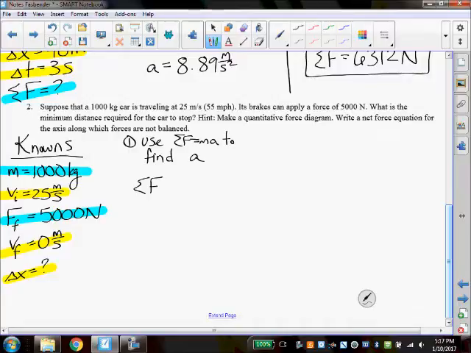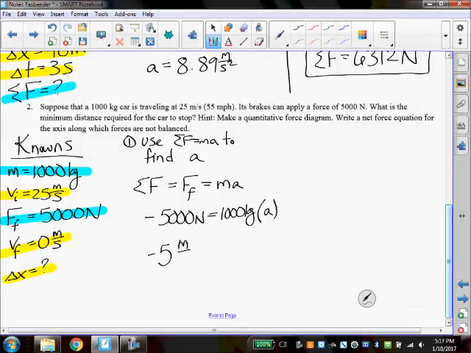Our F net is the unbalanced force, and when you're braking, your unbalanced force is friction. So really, we're saying that friction is equal to ma. So friction, we're going to give that a quantity of negative 5,000 newtons, is equal to 1,000 kilograms times our acceleration. So we divide both sides by 1,000 to get acceleration by itself, and we find that the acceleration is negative 5 meters per second squared.